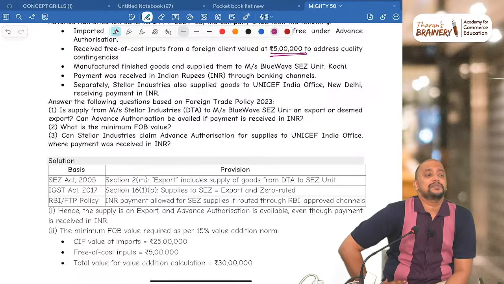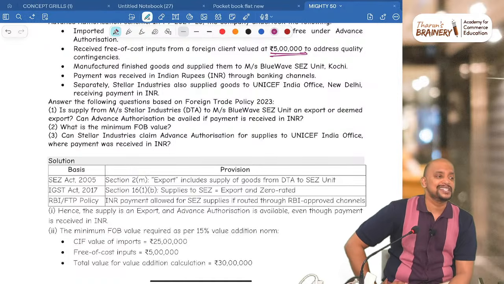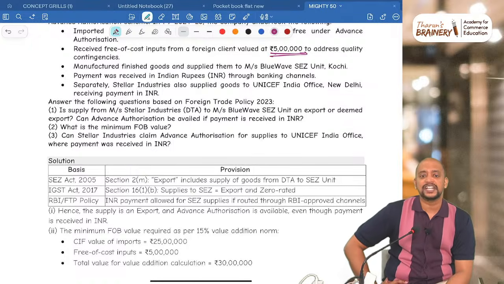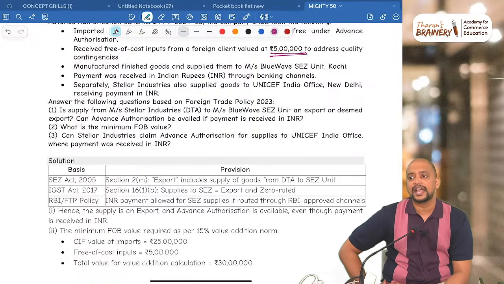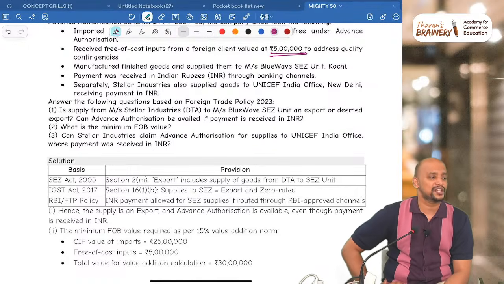But this is not coming under deemed export, because deemed export covers only sale to advance authorization holder, sale to EOU, sale to EPCG, sale to UN or international organizations and projects financed by them, sale to international competitive bidding projects, or sale to mega power projects and nuclear power projects.